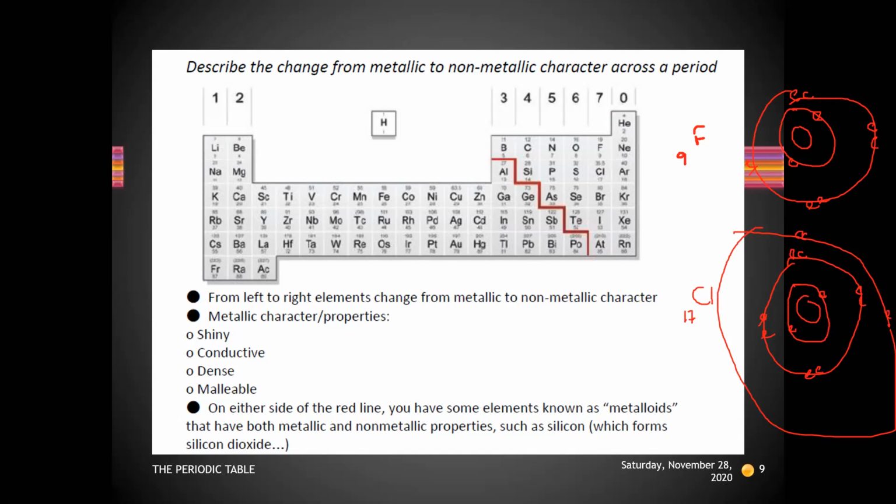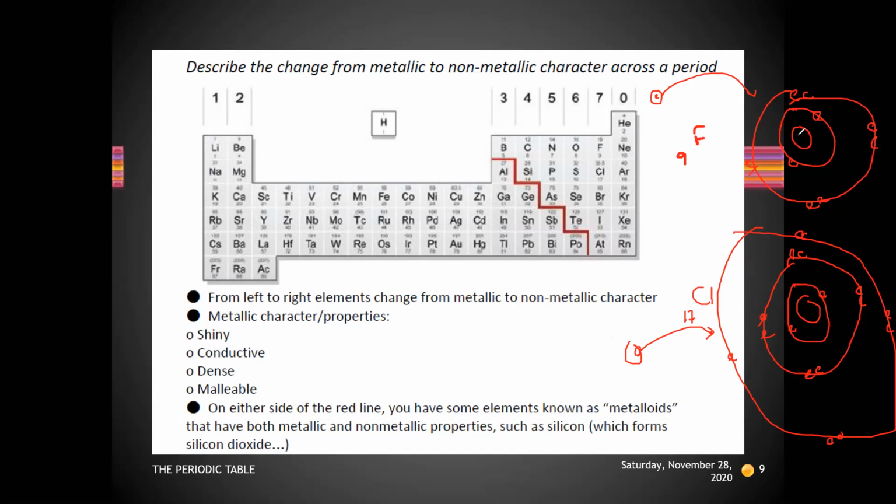So if 7 electrons are there in the last shell, and these are non-metals, how do non-metals tend to react? Non-metals tend to react by gaining electrons. Which one do you think can gain electrons easily, fluorine or chlorine? Fluorine can take electrons easily. Why?